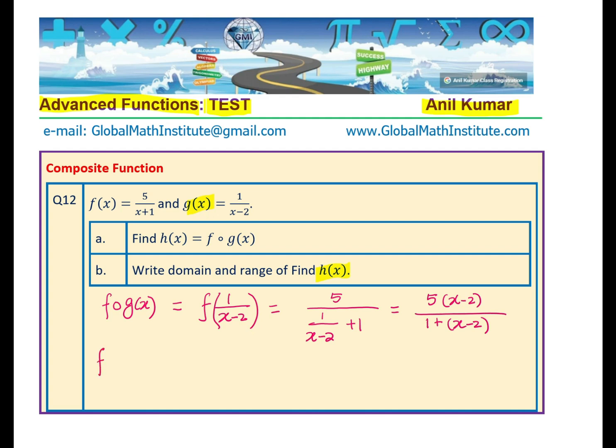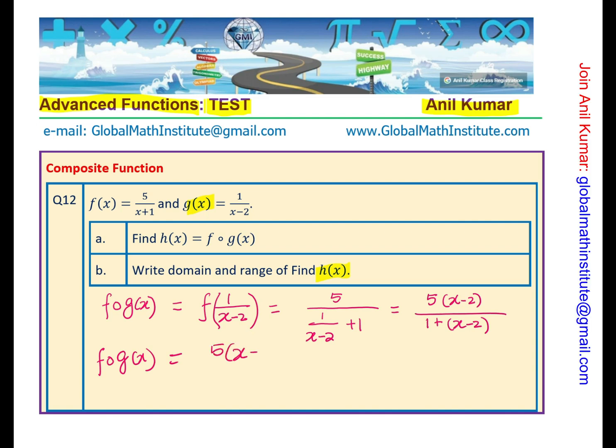So that gives you f of g of x as equal to 5 times x minus 2 in the numerator, and 1 plus x minus 2 is basically x minus 1. So that's what you get as f of g of x.